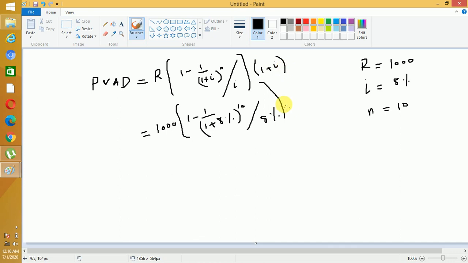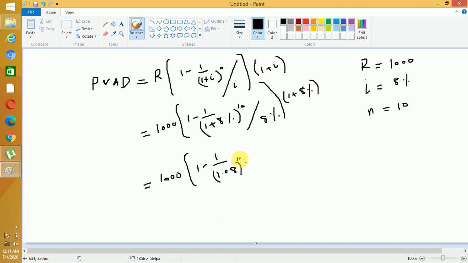Take this and multiply it by 1 plus I, which is 8%. Now take this 1000, 1 minus 1 divided by 1 plus 8%, so it means 1.08 raised to the power n.